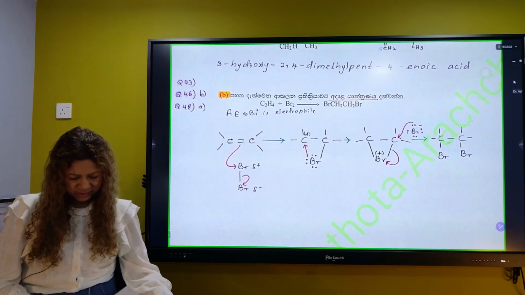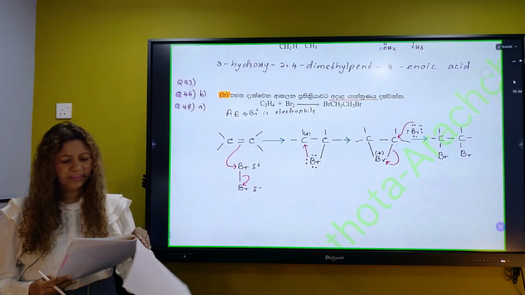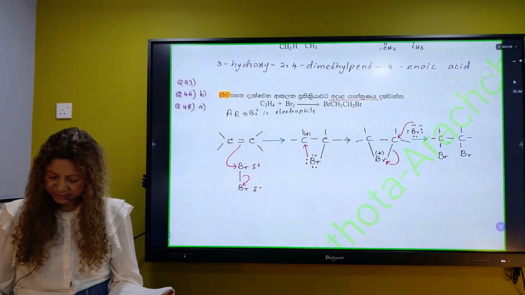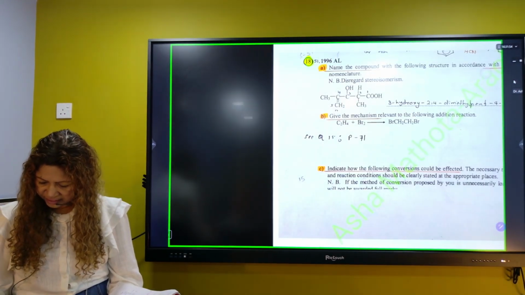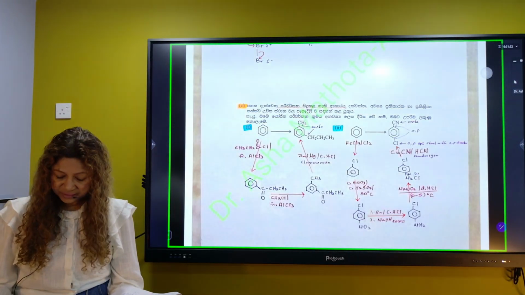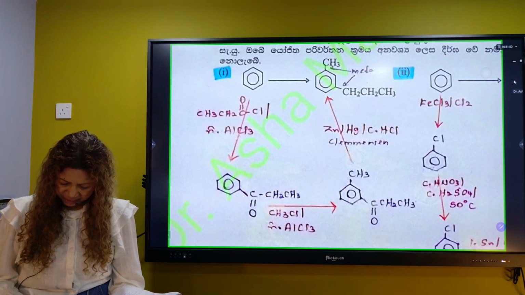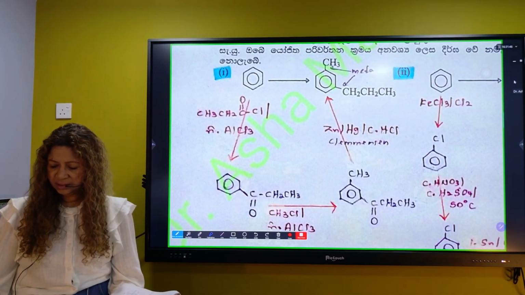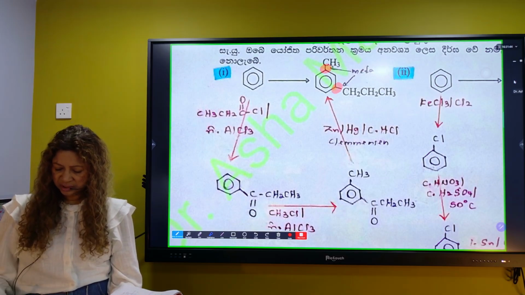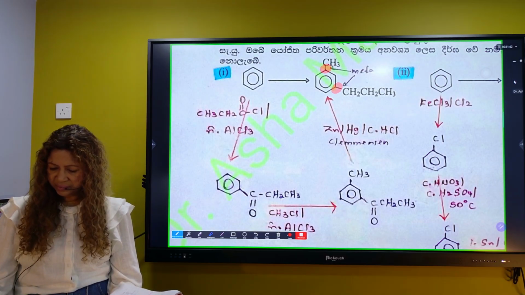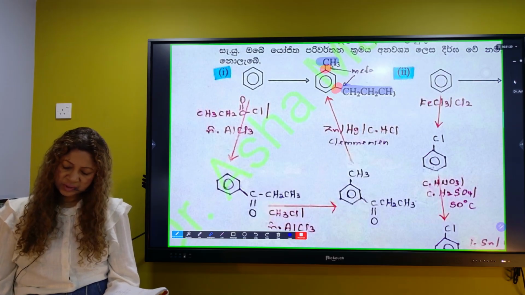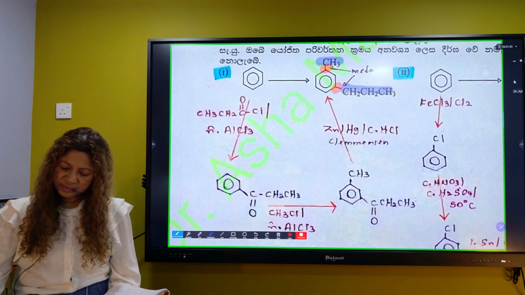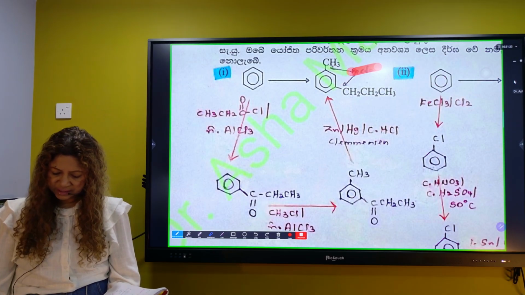Then again conversions. See, we did this in the class. The only challenge in this question is that these two are meta positions to each other, but both of these are ortho-para directors. So we have to first join a meta director because the connection is meta here.